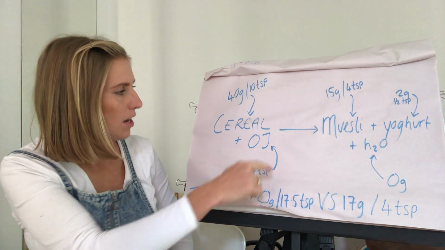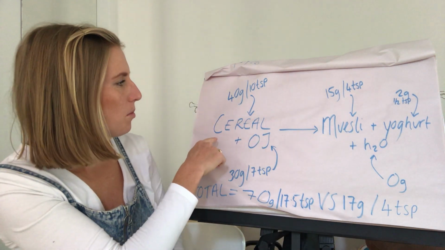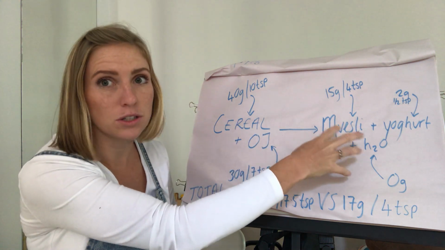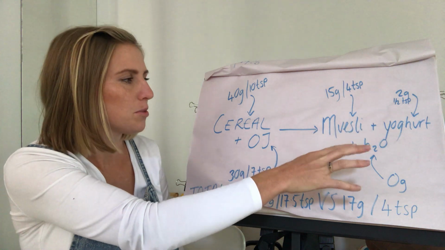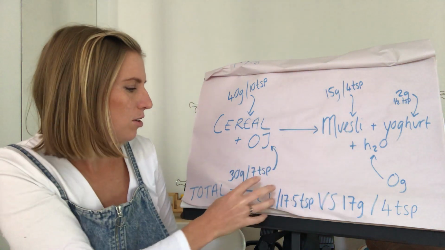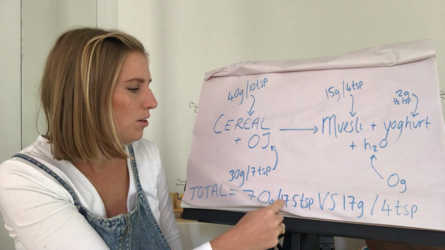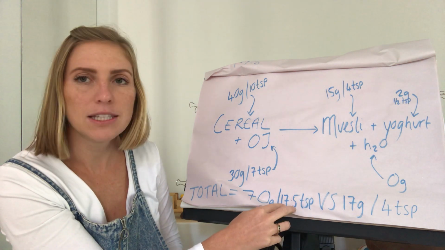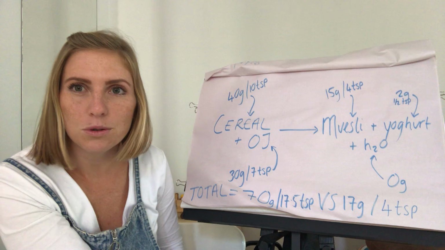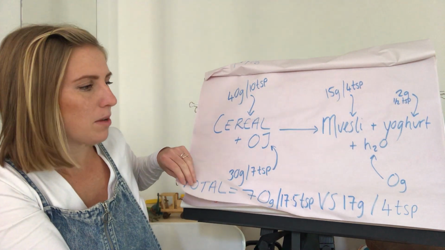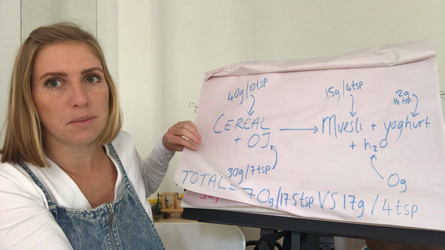So you can see how you can go from cereal and orange juice, change it over, so still quite similar and so much more tasty, and you go from 70 grams down to 17 grams, and from 17.5 teaspoons of sugar down to 4 teaspoons. So you're pretty much having about 25% of the carbohydrates.